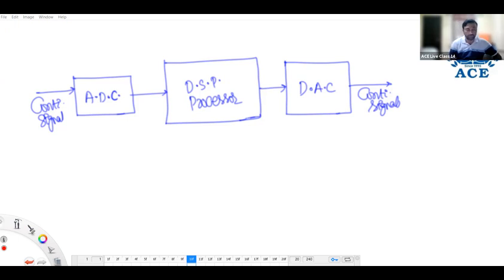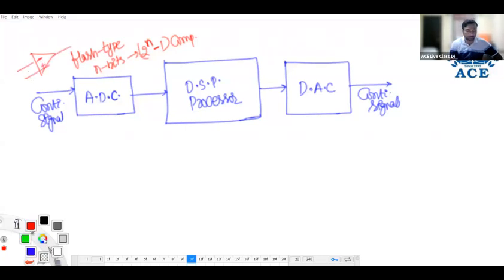Of course, out of the available converters, you are aware flash type is the fastest one. In flash type, to transmit n bits, how many comparators are needed? 2 power n minus 1 comparators. Each comparator is a 741 IC. For audio transmission, minimum we use 8 bits.